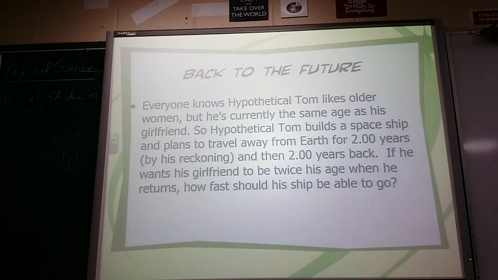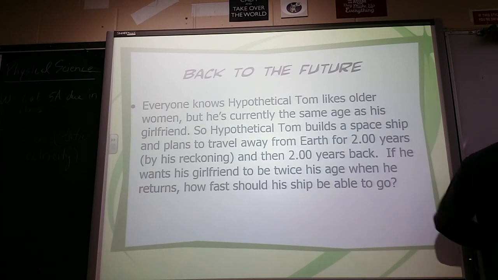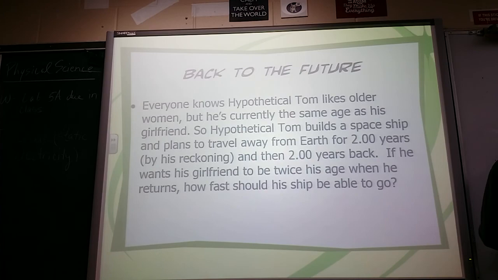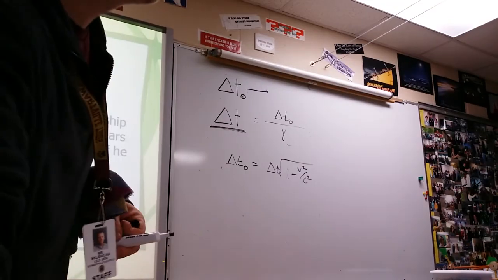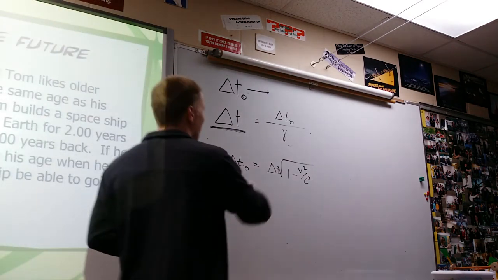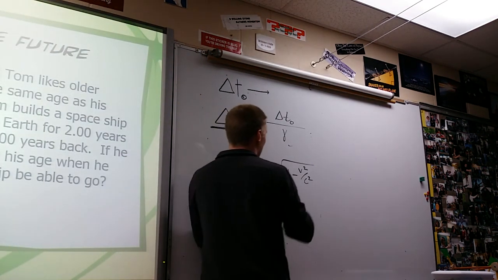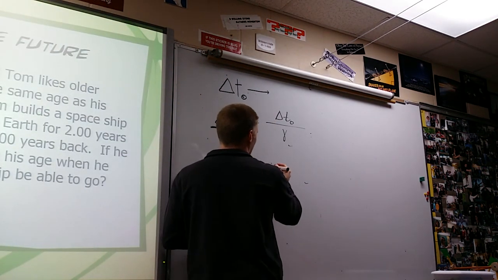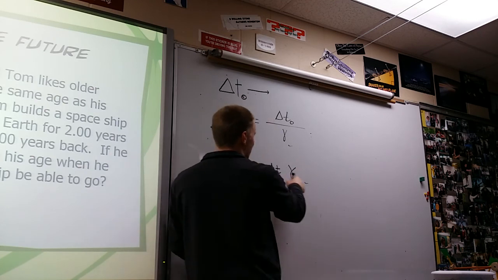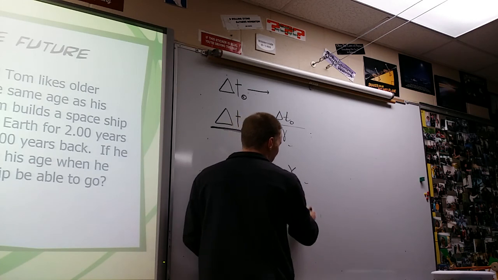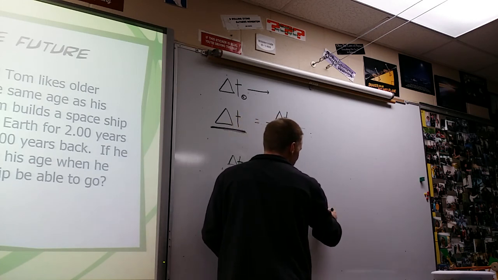Sometimes, just the regular math, sometimes we'll abbreviate that as gamma, which is another Greek letter. And then it might be a little easier to see. If I want to get delta t naught, all I have to do is multiply both sides by gamma. And that, of course, is the square root of 1 minus v squared over c squared.